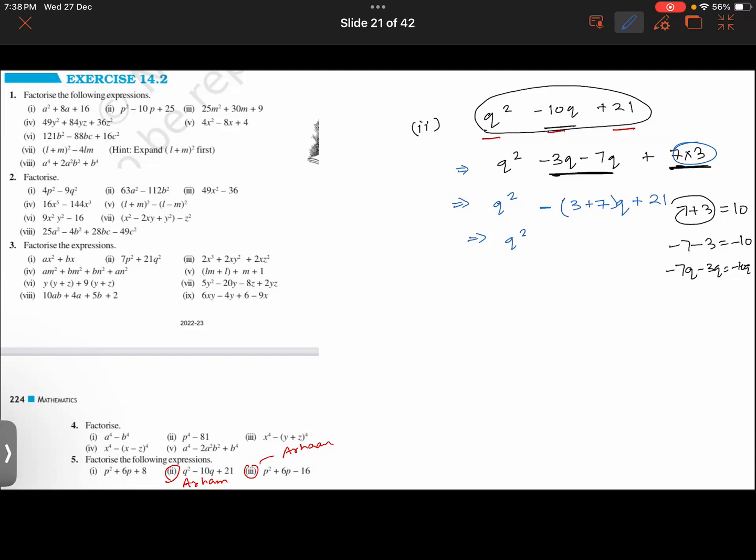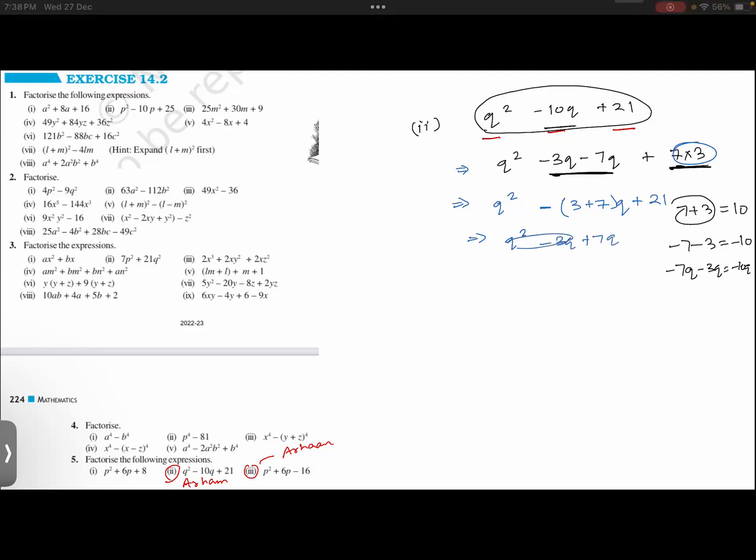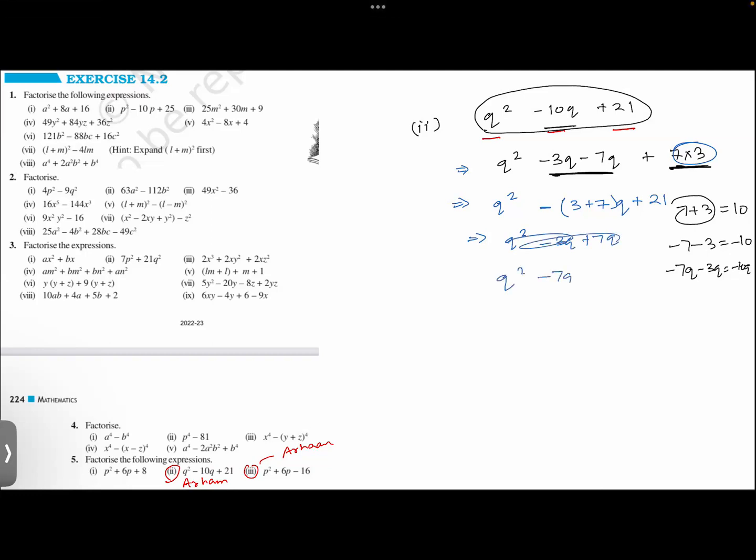So for ease of convenience, let's do a little bit of arrangement here. Minus 3q minus 7q, or I write it as q square minus 7q minus 3q plus 21. Now in these q square and 7q, let's take q as common, so thereby q minus 7 is there.